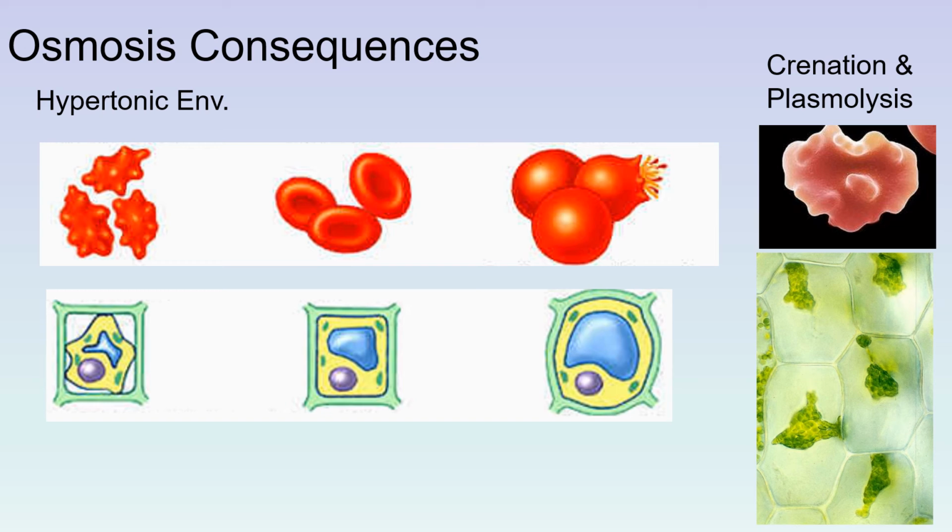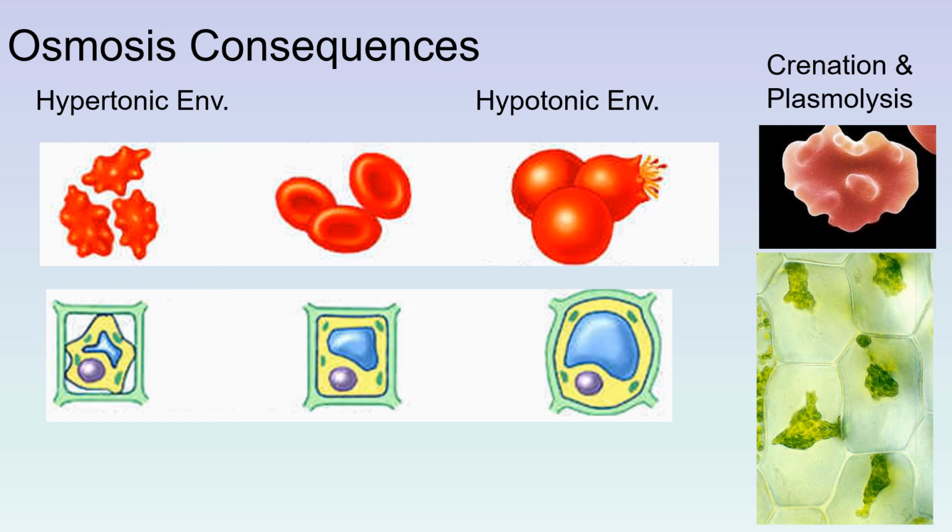These cells here on the right are submerged in a hypotonic environment, and therefore water will be drawn into these cells, which would have a hypertonic environment, and these red blood cells would ultimately burst. The plant cell here would become turgid or pressurized with water with that nice full vacuole.